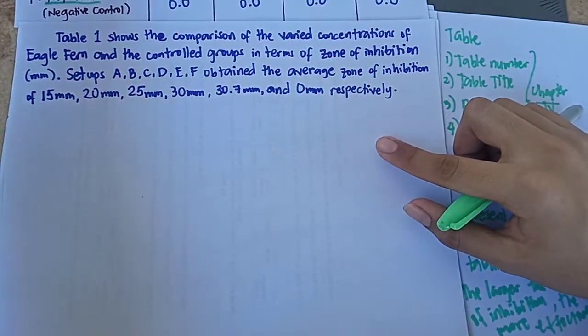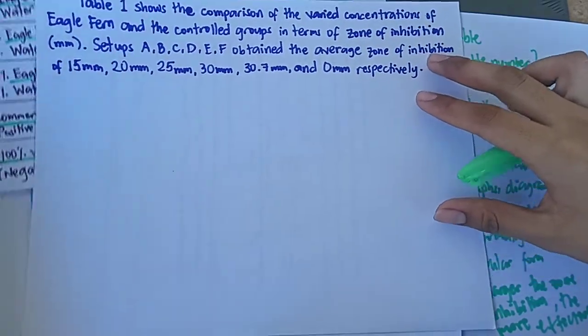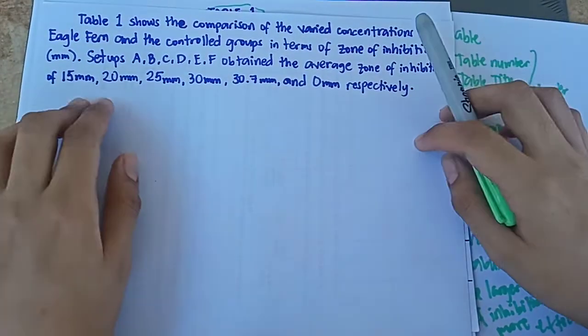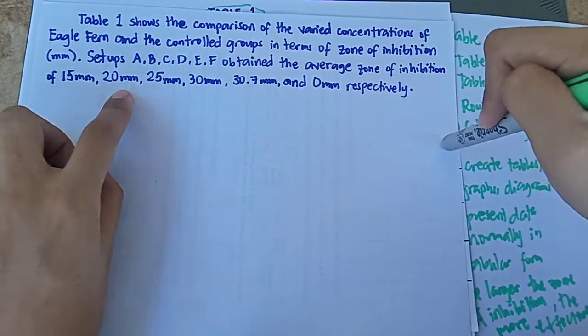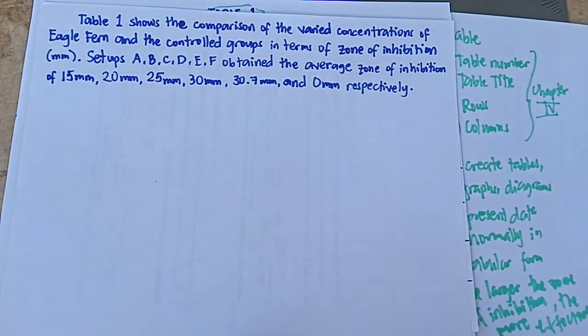It states that setups A, B, C, D, E, and F attain the average zone of inhibition of 15, 20, 25, 30, 30.7, and 0 respectively.